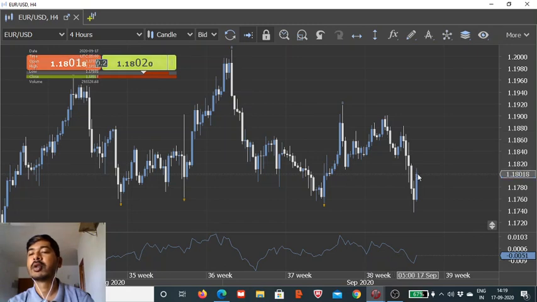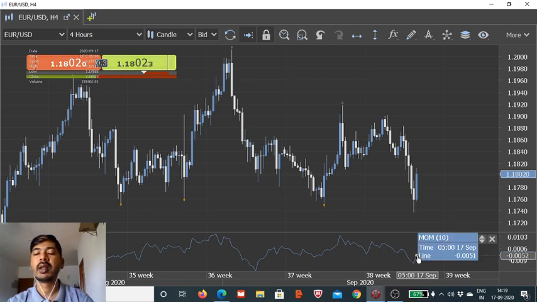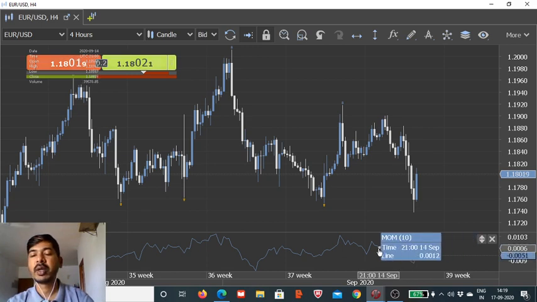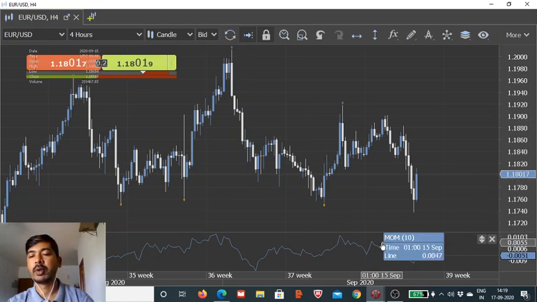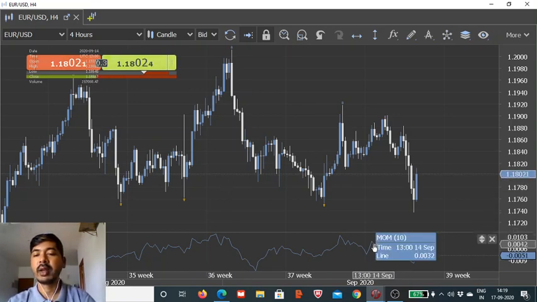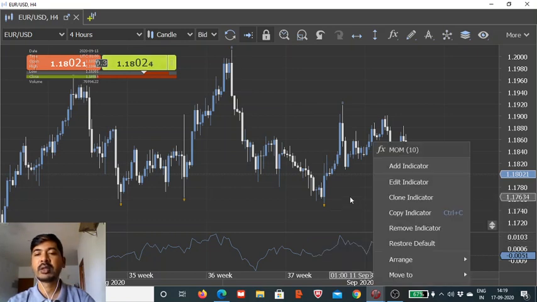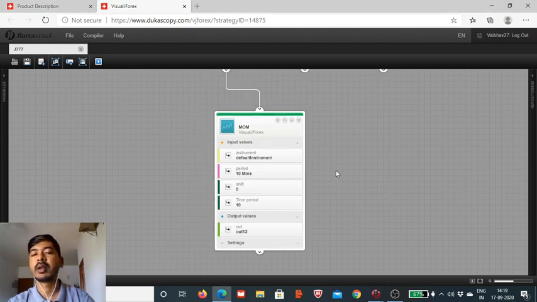Now that the current value is lower than the prior value, we have this MOM indicator in negative territory. Whenever the current price is higher than the prior price, it is in positive territory. So it is fairly simple to use and equally simple to understand. We can always change these input parameters, so I will explain while changing them on the Visual JForex board itself. Here we can change this default instrument.